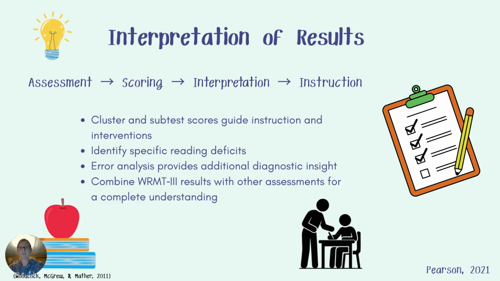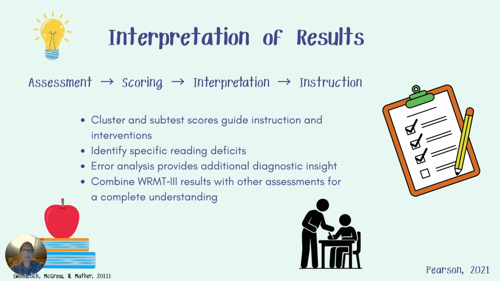Then the interpretation of the results. You have your assessment, the scoring, and interpretation that guides instruction. So the cluster and subtest scores do guide instruction and interventions. These results help us as educators to guide instruction and plan targeted interventions.